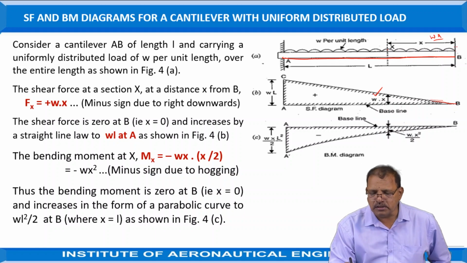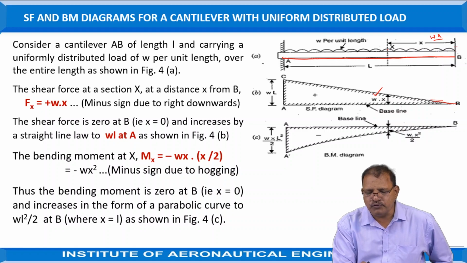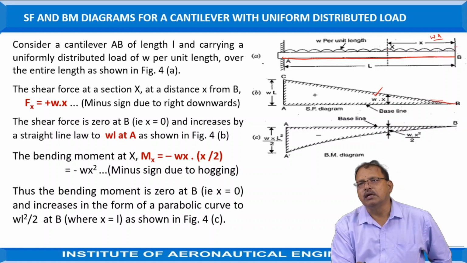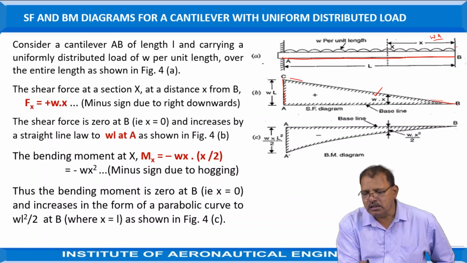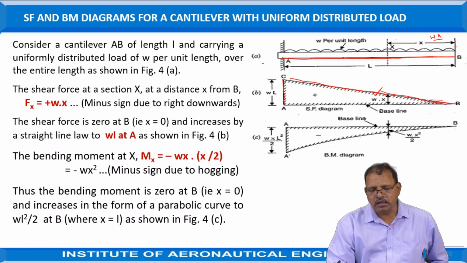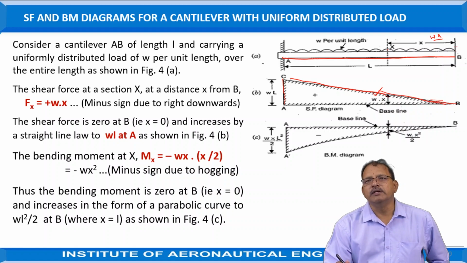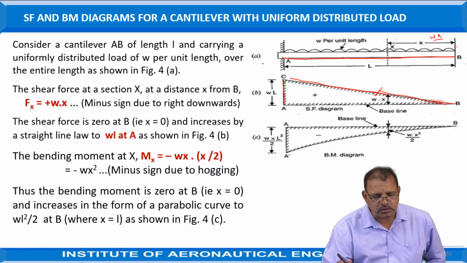Similarly, when the length of the beam increases to L, the shear force at A is given by w into L, that is x equal to L. Hence you write wL vertically upward and draw the lines. So this is known as the shear force diagram for the beam carrying a uniformly distributed load.